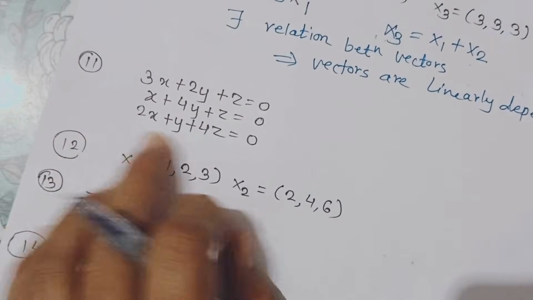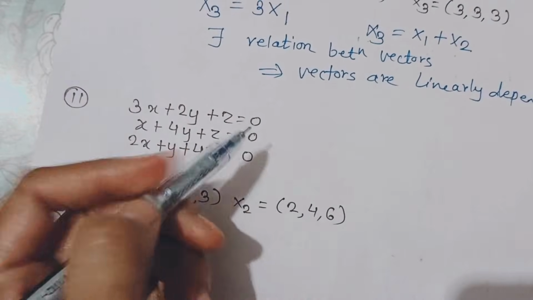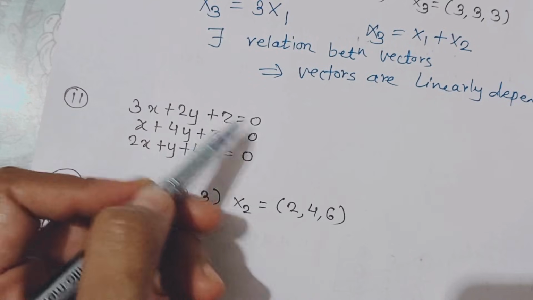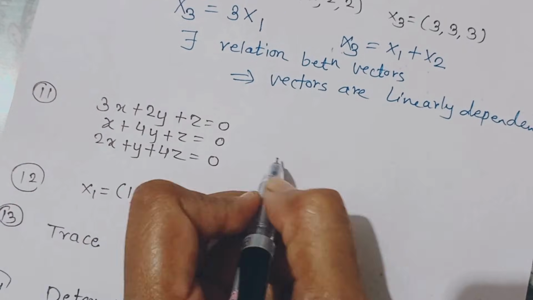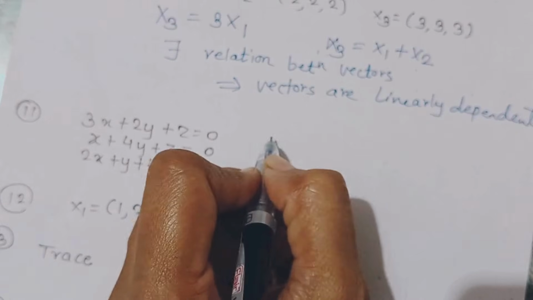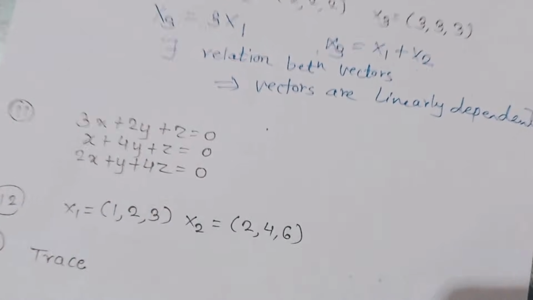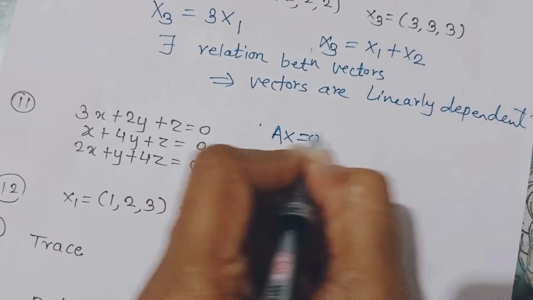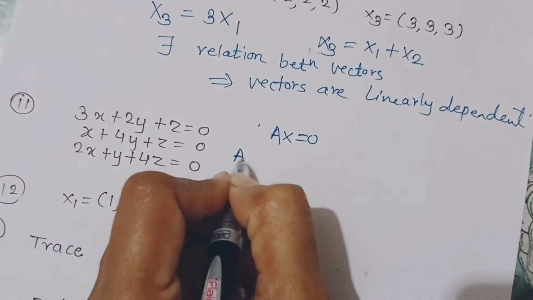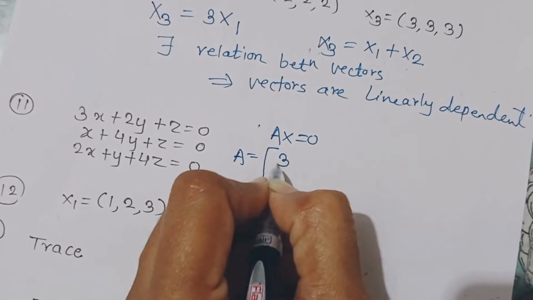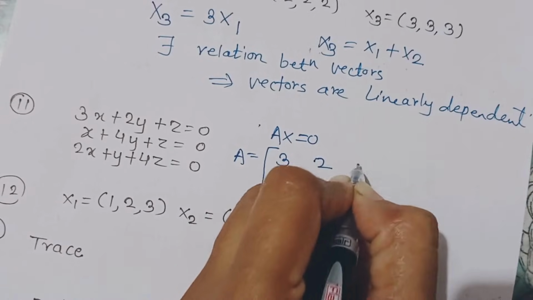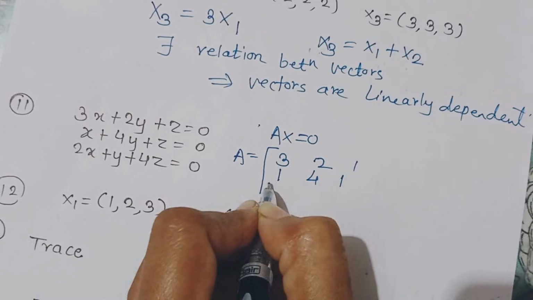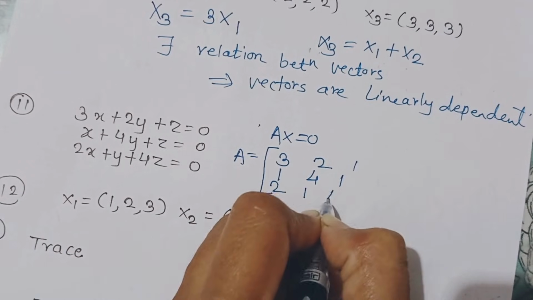Next question. This is a homogeneous system of linear equations, because b is equal to 0 here, and we have to examine whether the system is consistent or not. So clearly we have Ax is equal to 0, where A is equal to this matrix 3, 2, 1, 1, 4, 1, 2, 1, 4.